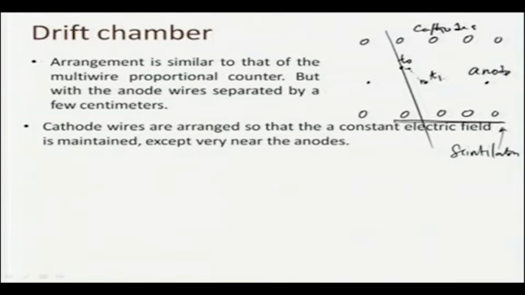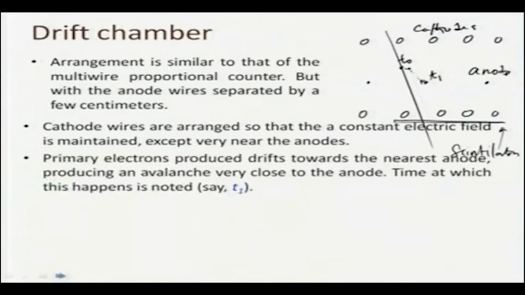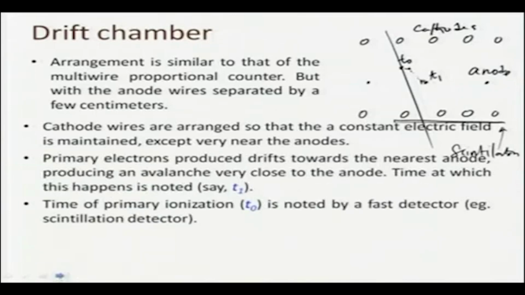This time gap and the drift velocity of the electron produced are known from the arrangement, the voltage, the electric field applied, etc. We know the drift speed of this particle, and this information along with the time difference will help us calculate the position where the particle produced the primary electron, or in other words the position where the particle has entered.